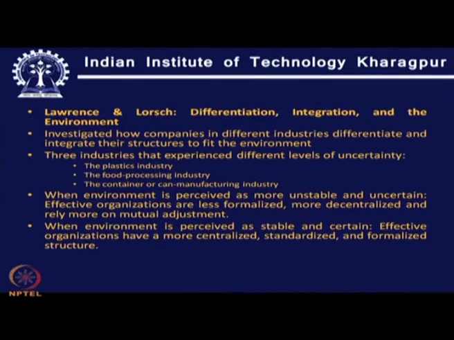So, what we found is that when the environment is perceived as more unstable and uncertain, effective organizations are less formalized, more decentralized, and rely on mutual adjustment, because when the environment is unstable and uncertain, we do not have a set procedure for understanding how to react to these uncertainties.